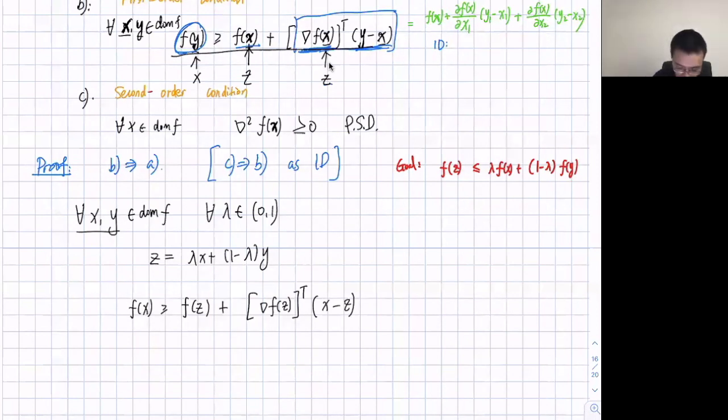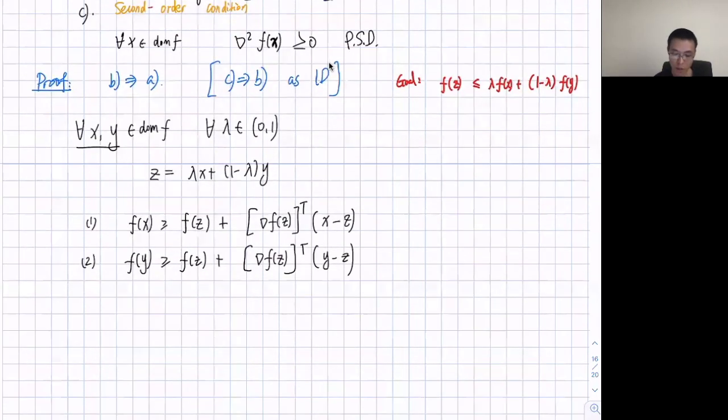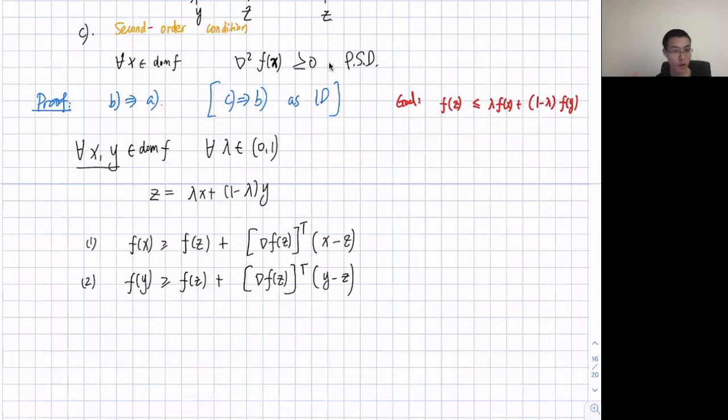I call this 1. And I do similar things: I plug in y as y, and I plug in x as z, so the z is still there. So this is my first order condition.